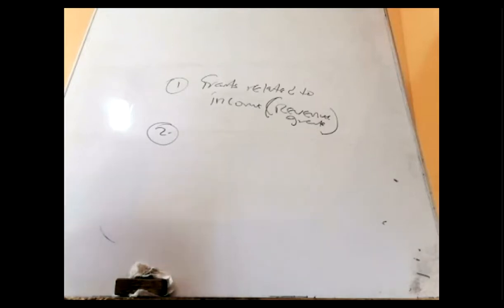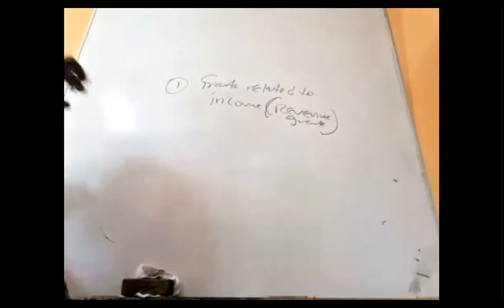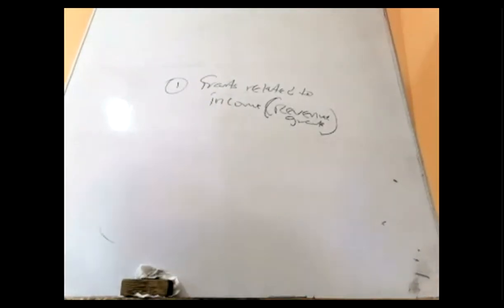So you cannot take a record of the grant like a gain if you have not fulfilled the condition. How we get it?